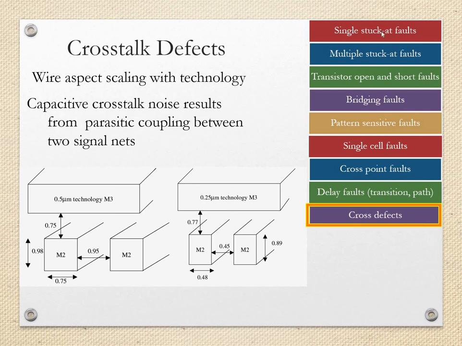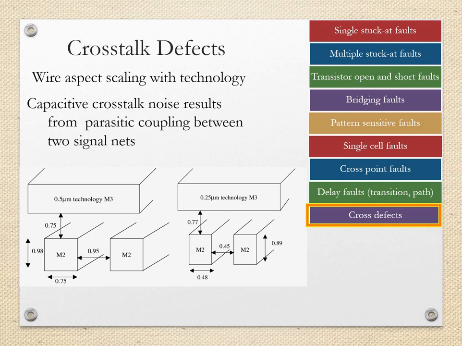So we have started with the single stuck-at fault, then we studied multiple stuck-at fault, transistor open and short, bridging, pattern sensitive fault, single cell fault, cross point, delay faults, and the last one is the cross defects. The wire aspect scales with technology: the width, the height, and the spacing. So all these are decided by the lambda parameter, that is the technology scale.